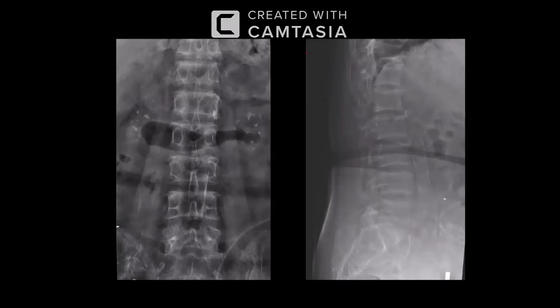However, it could be projectional as well. I will go through the rest of the pedicles, and they are appearing normal. Degenerative changes are seen in the spine in the form of lucency and end plate sclerosis. There are atheromatous changes of the aorta seen. However, I'm not seeing any aneurysm.